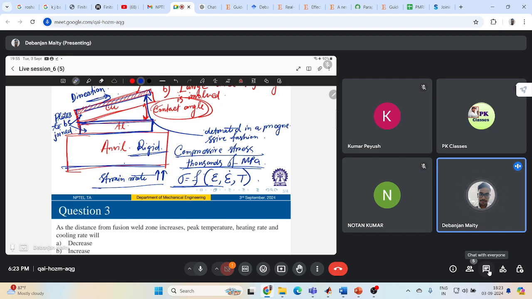So in these kinds of welding techniques where there is a lot of impact energy, kinetic energy, everything will happen all of a sudden, right? So strain rate will be very high over here, and whatever is generated will be there at the surface only. So it will not affect the bulk of the material.